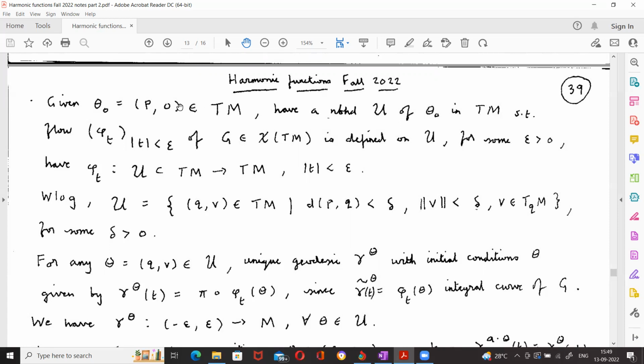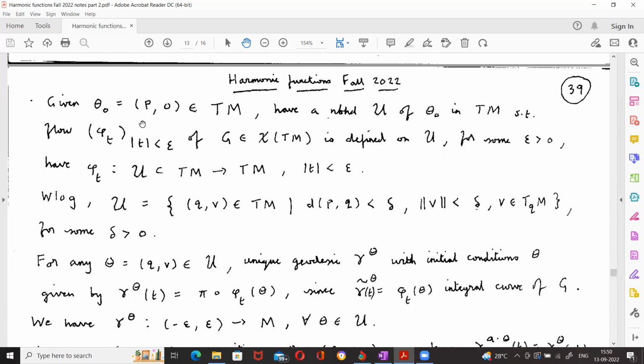Then we know by the local existence and uniqueness for ODEs, or for vector fields on a manifold, that we have a neighborhood U of this element of the tangent bundle such that the flow phi t of the geodesic vector field is defined on this neighborhood U. For some fixed epsilon positive, the flow phi t is defined on the whole neighborhood U and maps into TM, for mod t less than epsilon.